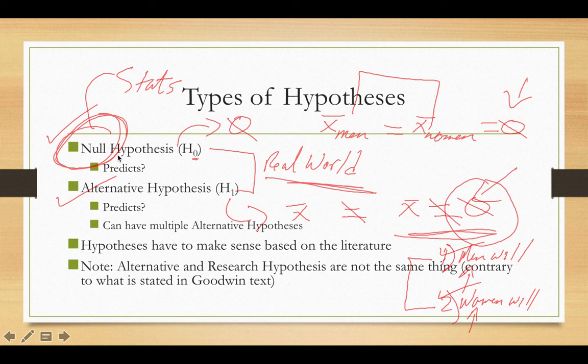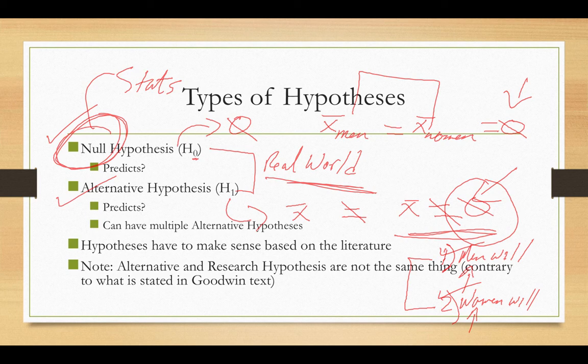So we have our null hypothesis, we have our alternative hypothesis, and then we have our research hypothesis. The research hypothesis is the one that we are making the prediction about in terms of our experiment, or our research study. In your textbook, Goodwin talks about the relationship between the alternative hypothesis and the research hypothesis, and he mentions that they are the same thing.